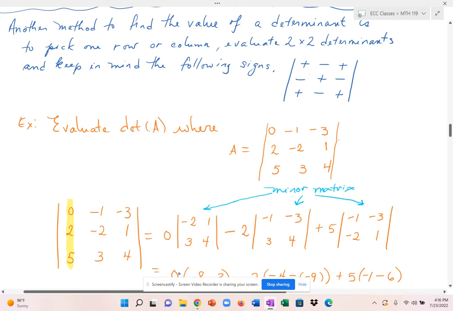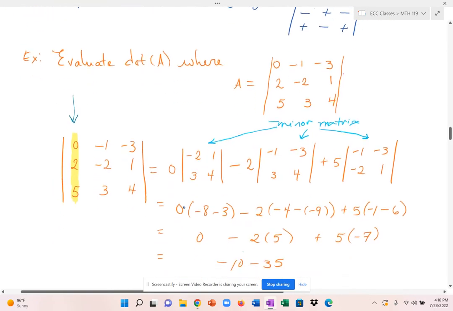If you have a 0 in your matrix, you definitely want to pick either the row or column associated with that 0. Since I have a 0 here, it would be just as convenient for me to use column 1 like I am, or row 1. It would give you the same result. But anything with a 0 makes your computations easier. If you don't have a 0, it still can be done, but it's just a little bit more to compute.